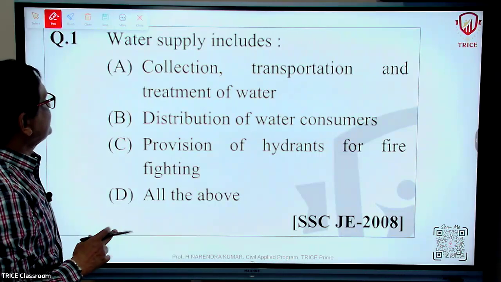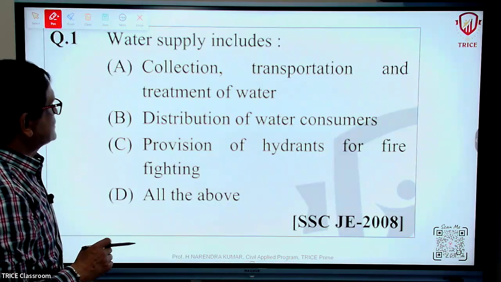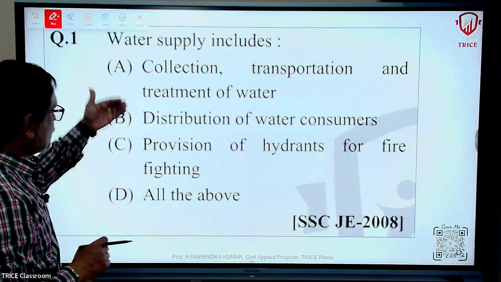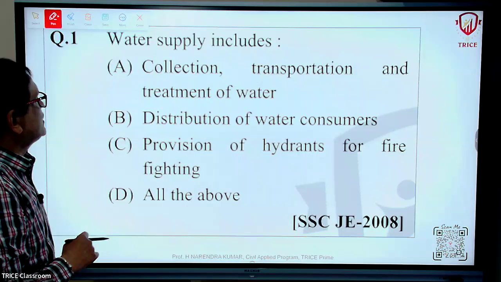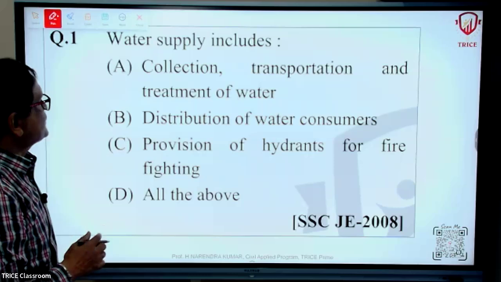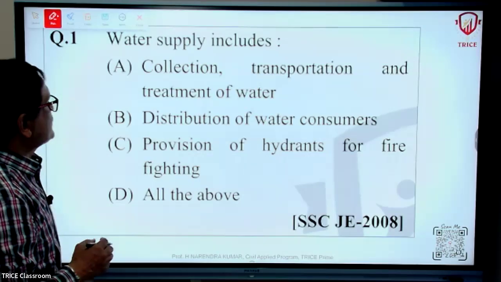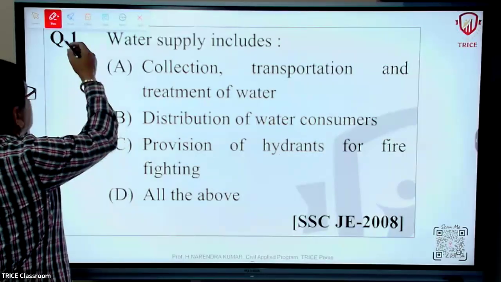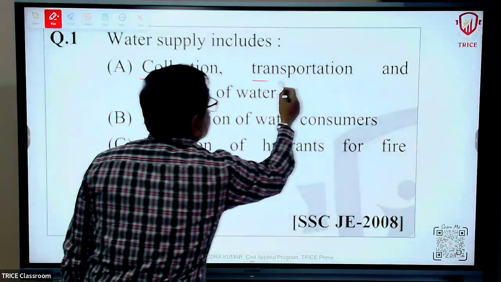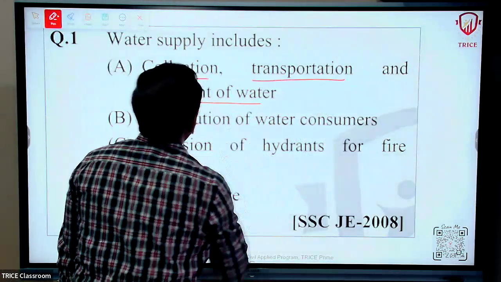So the first question is, water supply includes, there are 4 options given here. As I said earlier, this is MCQ. So the first option is collection, transportation and treatment of water.